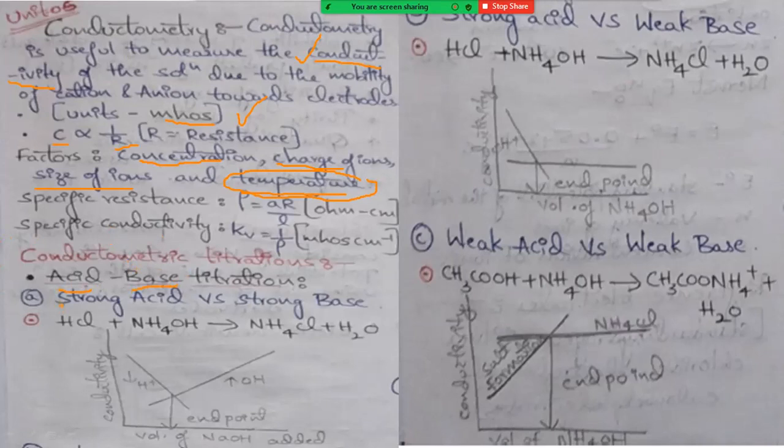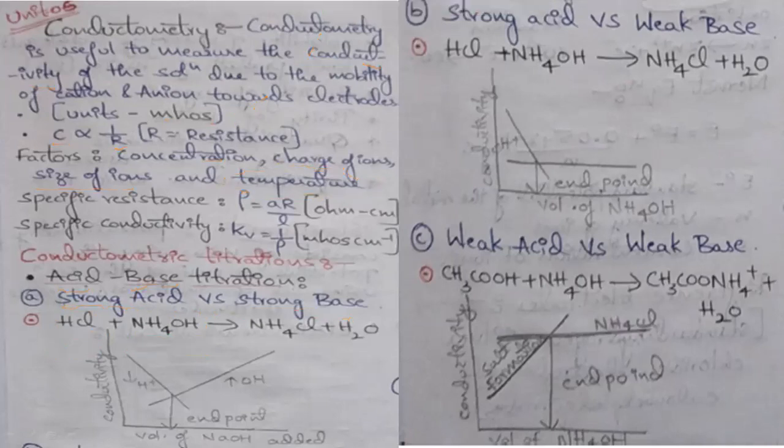This is the example for acid-base titration. Strong acid versus strong base. Here the strong acid is HCl, and the strong base is NH4OH. HCl is taken in the conical flask initially, then we take NH4OH in the burette.